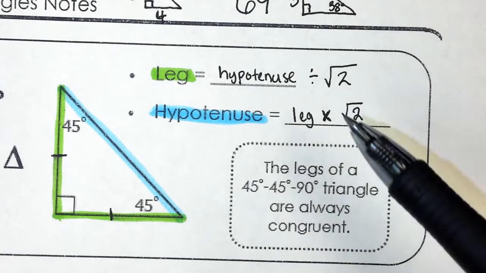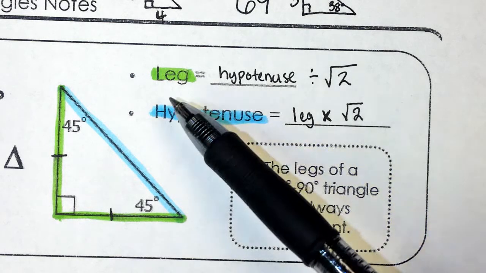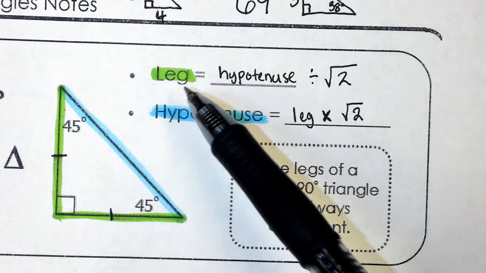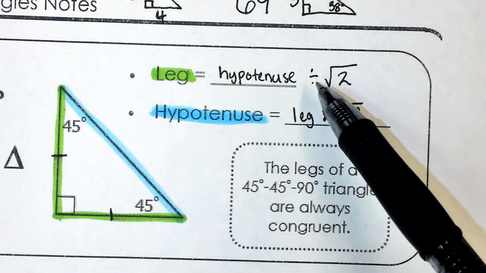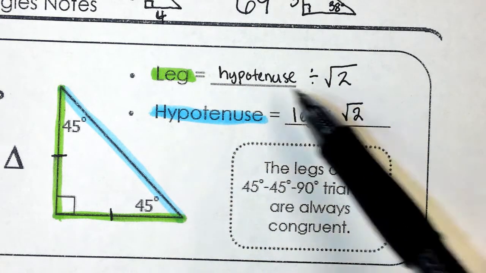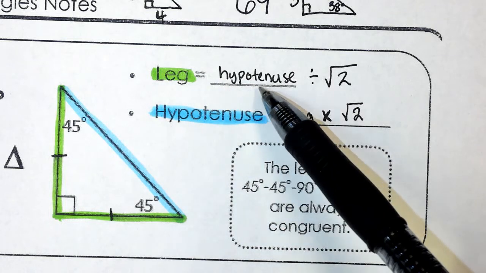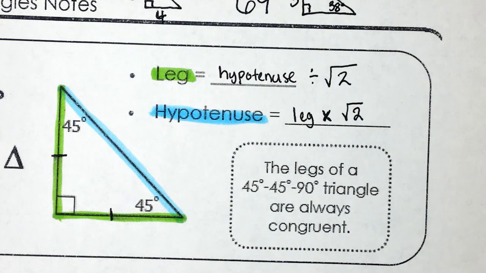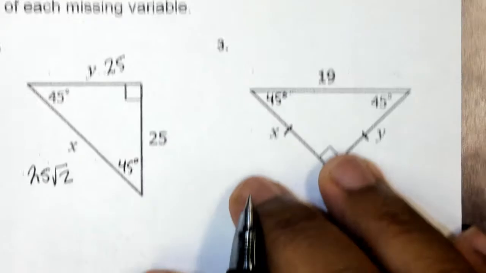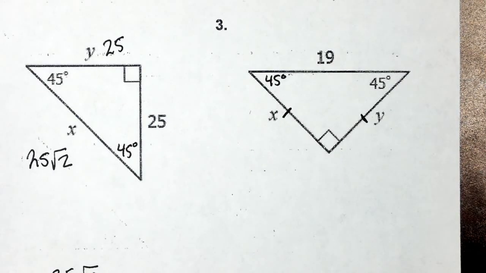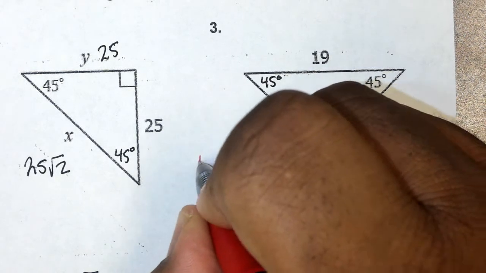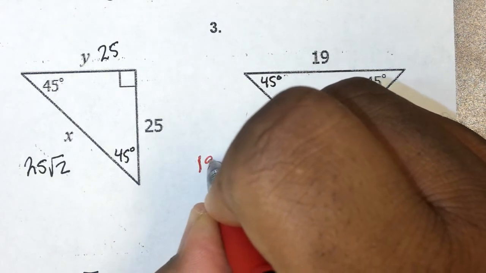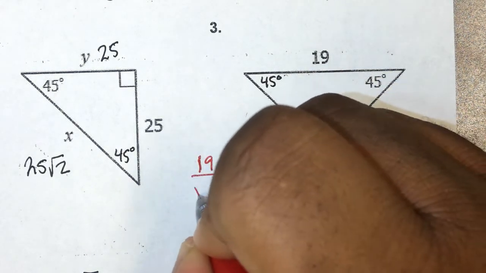My kids always got confused last year on which one to read. Whatever you're looking for, that's what you want to do. So if I'm looking for a leg, it equals hypotenuse divided by square root 2. So down here, I'm going to do 19 divided by square root 2.